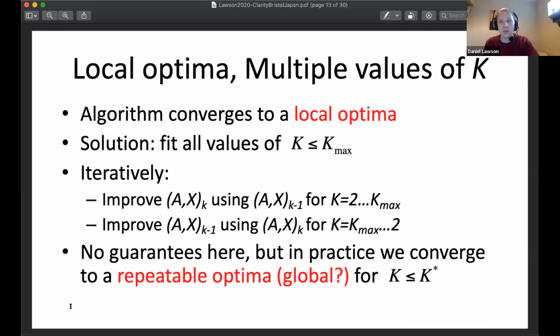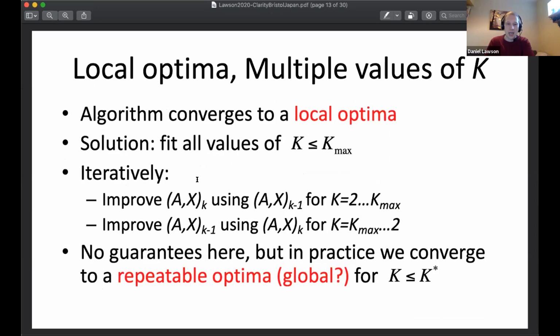As with all greedy optimization algorithms, you get stuck in local optima. But because we're interested in doing this for very many values of k, the complexity, number of latent mixtures, we can use one solution that we have to improve others.